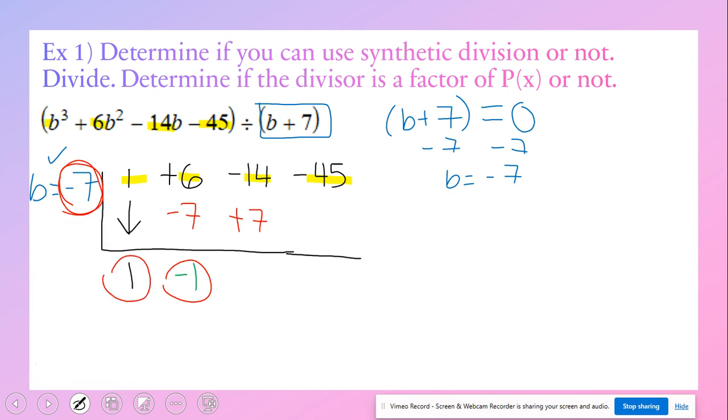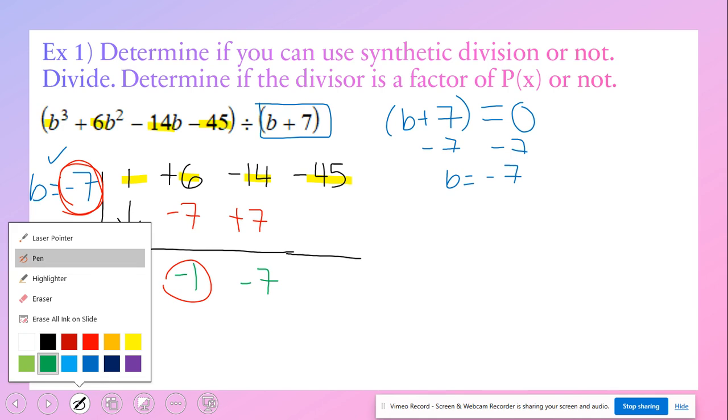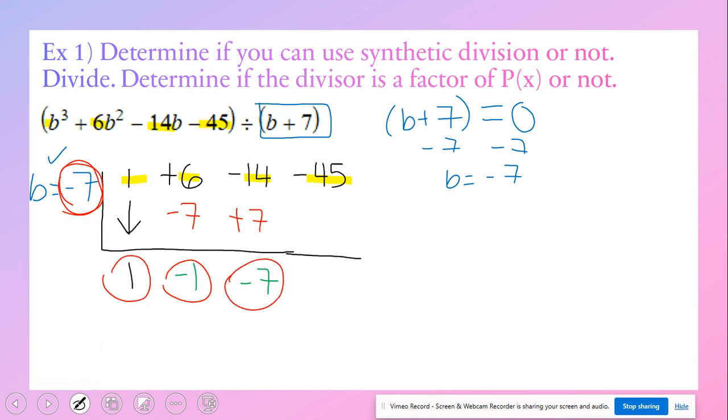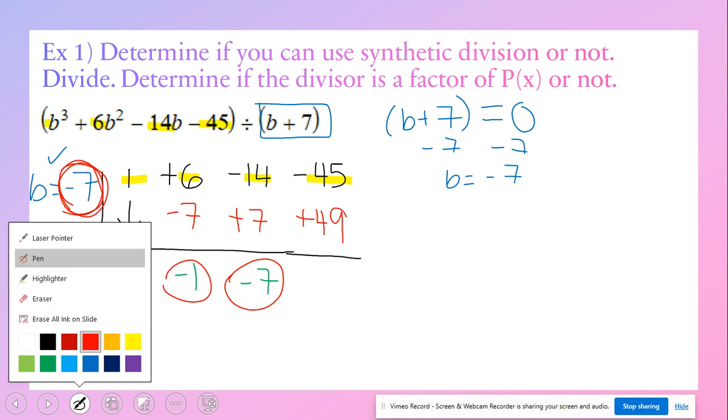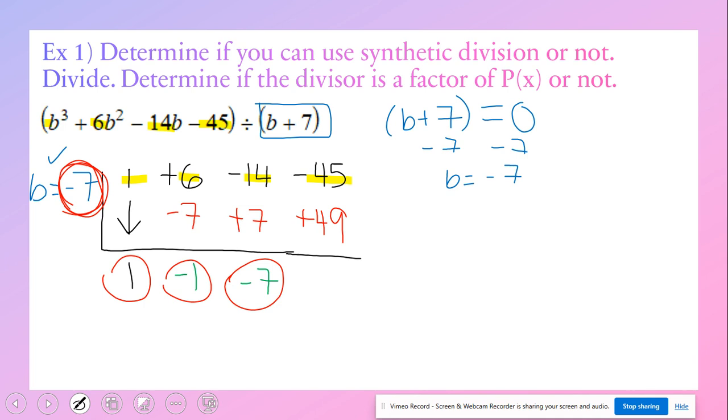We just add vertically. That's going to be negative 7. What is negative 7 times negative 7? That's positive 49. What's negative 45 plus positive 49? That is going to be plus 4. Again, the last number is always going to be my remainder.